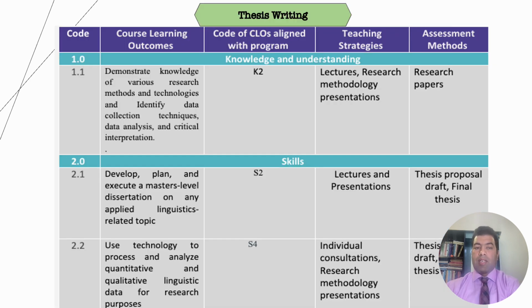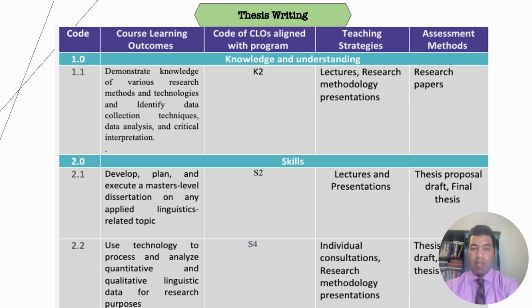Let's move to an example of a thesis writing course. So here is the thesis writing course. The code, for example, is 1.1, course learning outcome: demonstrate knowledge of various research methodologies, identify data collection techniques, data analysis, critical interpretation. So students must have knowledge of all these basics. This is the course learning outcome. It should be aligned with the program.